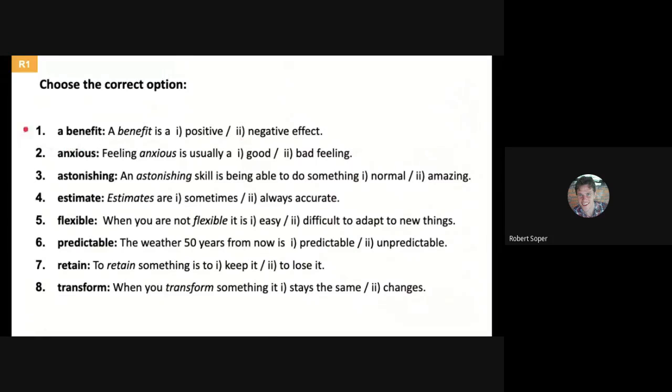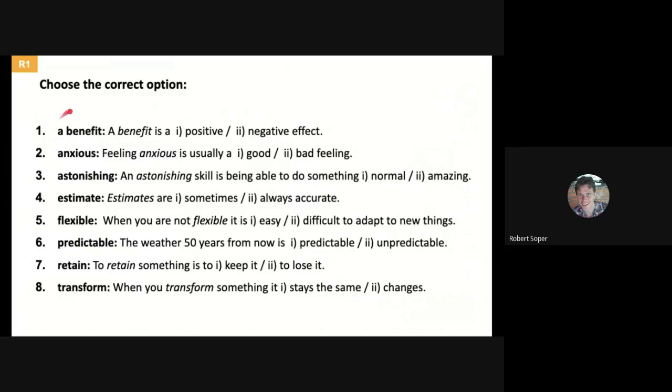Working through the first one together, we can see the word is a benefit. And a benefit is one, positive, or two, negative. So a benefit is a positive effect or a negative effect. What you're going to be doing is choosing the correct word.